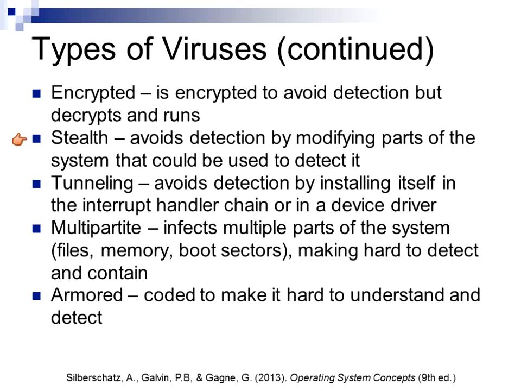Similarly, stealth viruses avoid detection by modifying parts of the system that could be used to detect it. For example, somebody might modify a read system call so that you can't detect it, because when the file that's modified is read, it will use the regular read, but the original read was infected, and it can be spread.